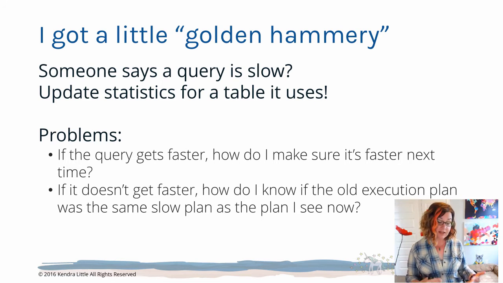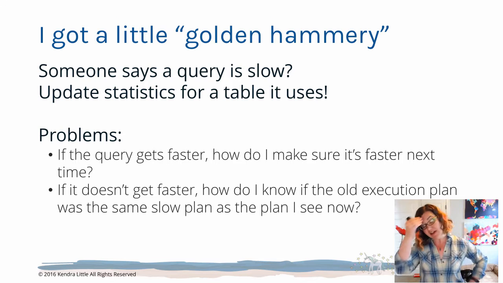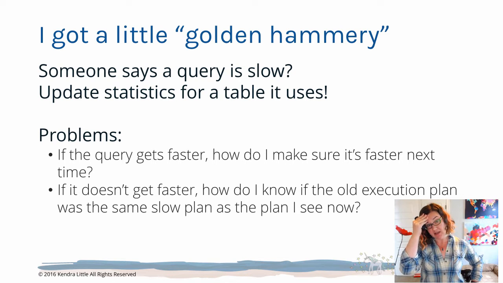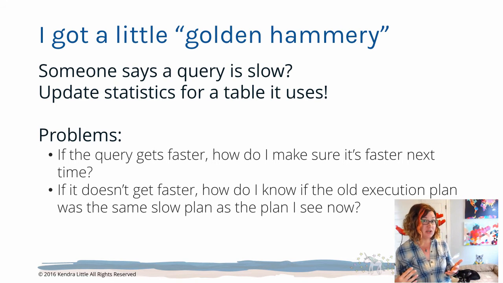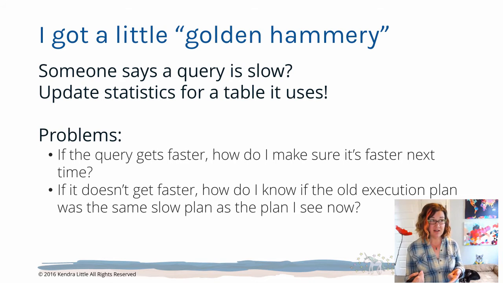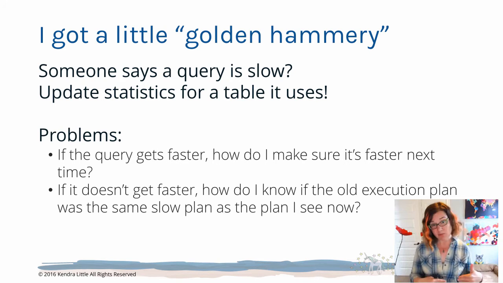But then what if the next run of the query isn't faster? Well, if the next run of the query isn't faster, I've got another problem too, because when I updated statistics, I may have forced a recompile for the query. So the next run of the query, if it's slow, okay, if I didn't capture the execution plan for the first one, is it the same slow execution plan?